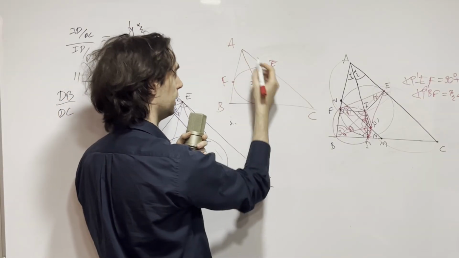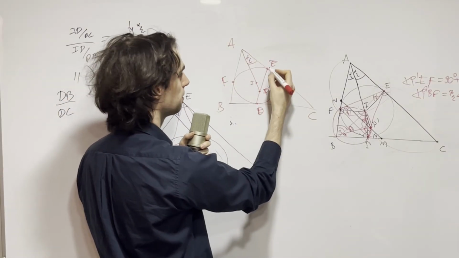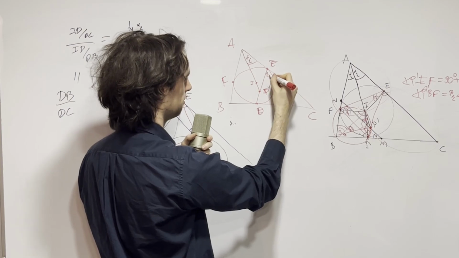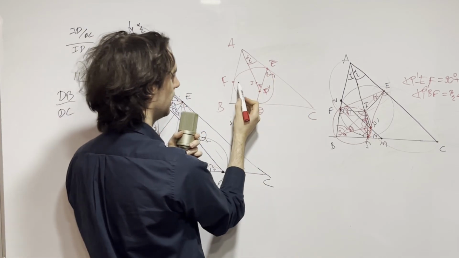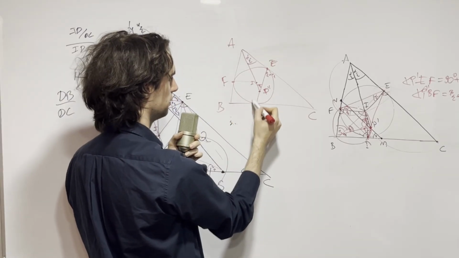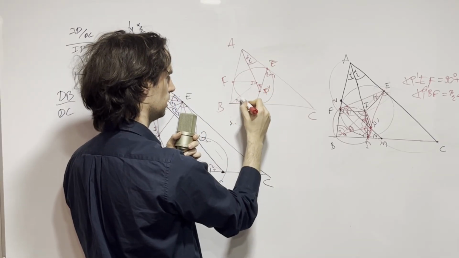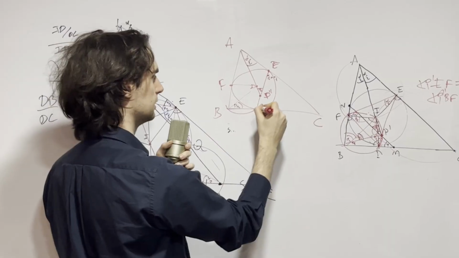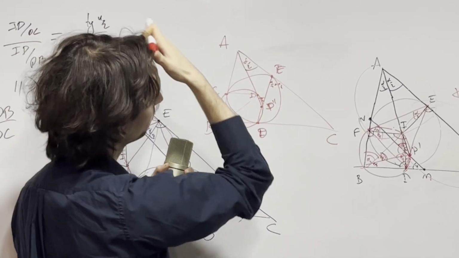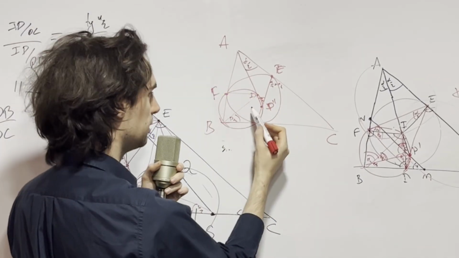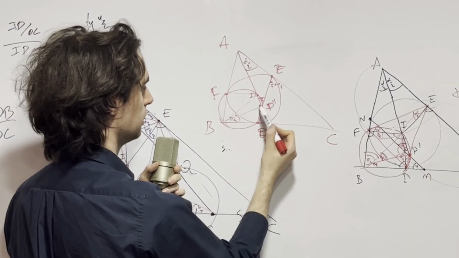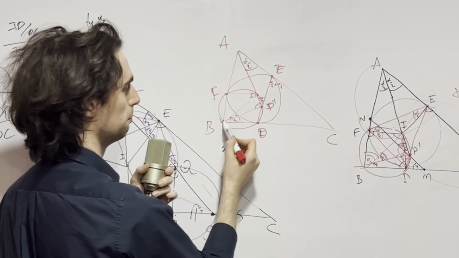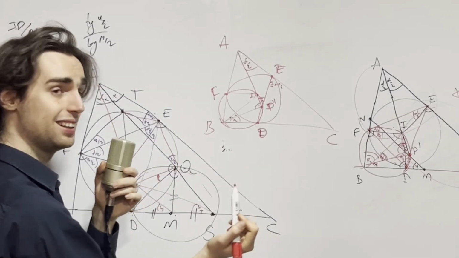And now what I say this is alpha half. We know this angle is alpha half plus beta half. So this is beta half, which means that given the sum of this angle plus this angle is 180, that means these 4 points are concyclic. And now, given these 4 are concyclic, it means I P double prime P is equal to I D B, which is equal to 90.